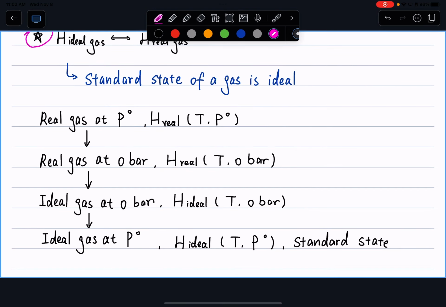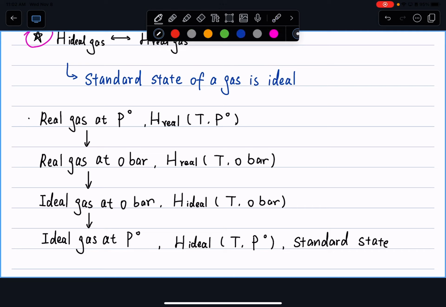So the initial state here, right? Let's assume we start from our real gas at our standard pressure, which is 1 bar, and at some random temperature T. So at the initial state, we have H real at temperature T and standard pressure P naught. Now, the first step is to reduce the pressure while keeping the temperature the same.